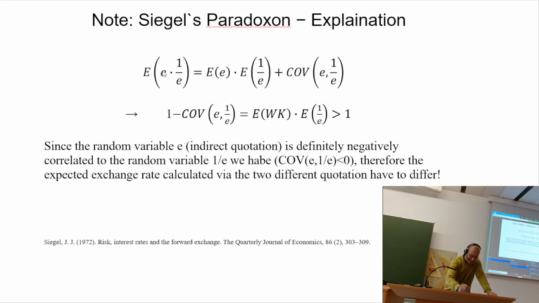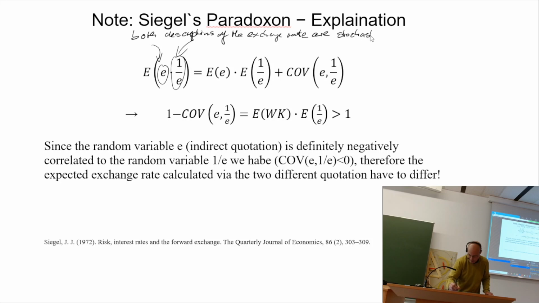The one stochastic variable is E, and the other stochastic variable is 1 over E. Both descriptions of the exchange rate are stochastic variables or random variables.